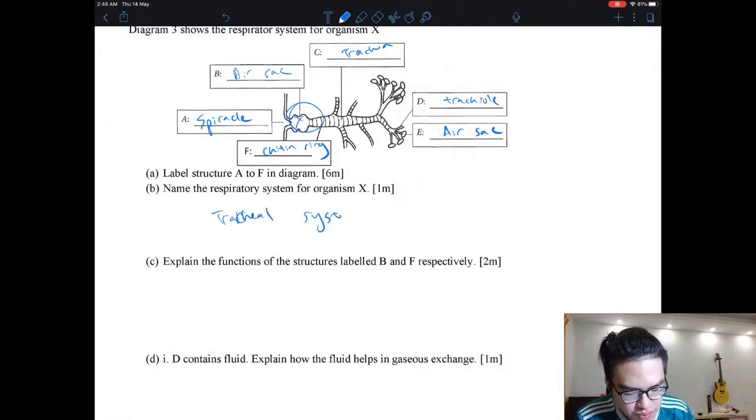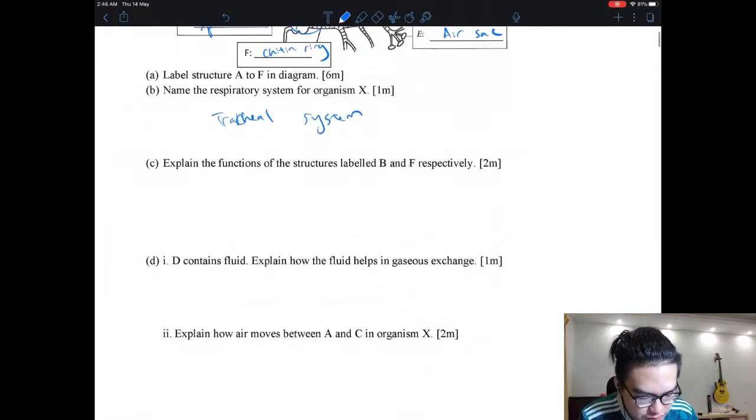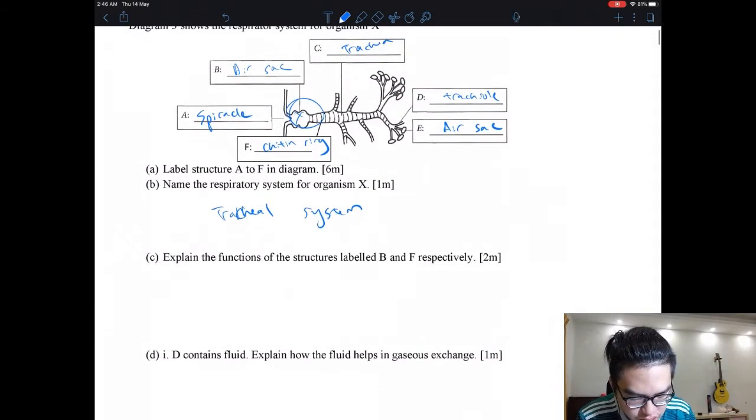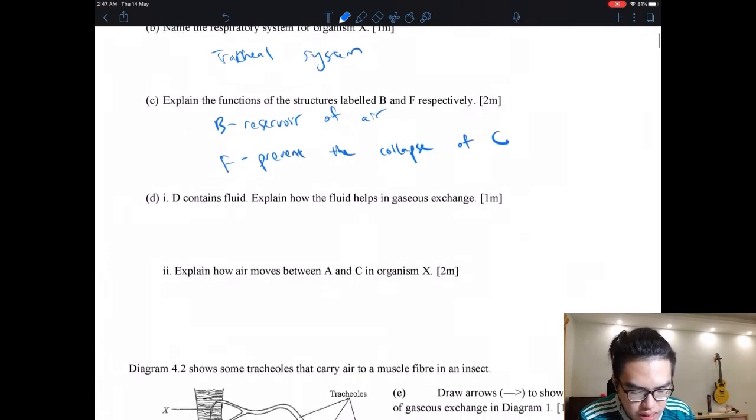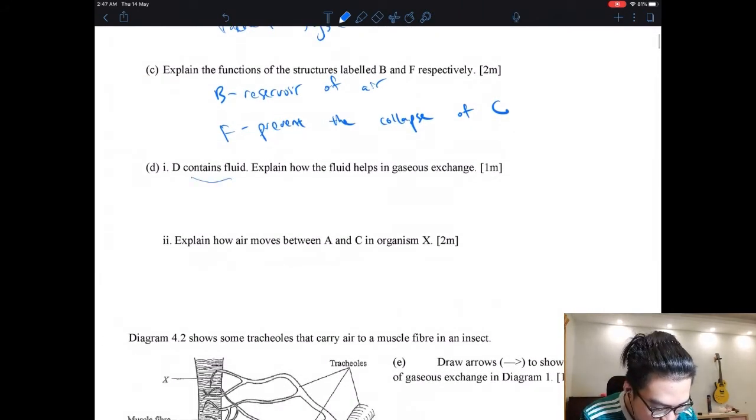Explain the function of structures labelled B and F respectively. B is a reservoir of air. What is F? F is to prevent the collapse of C. And then D contains fluid.